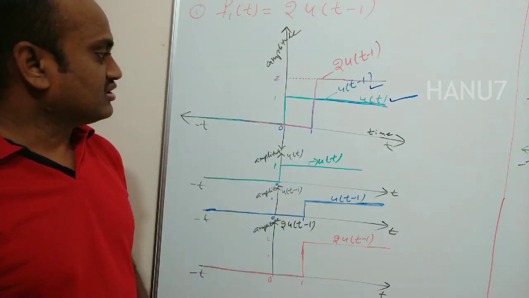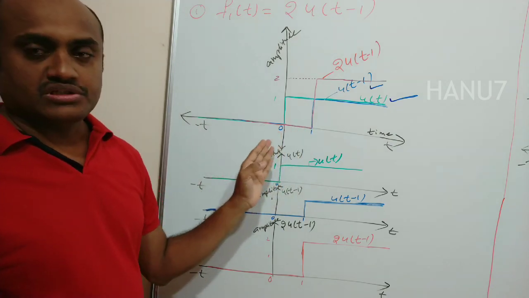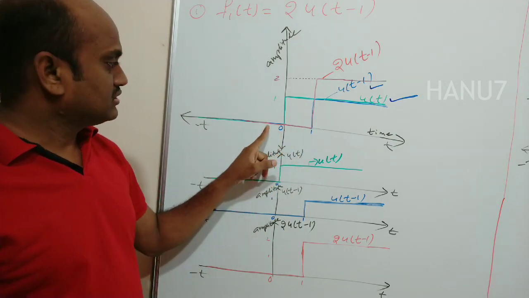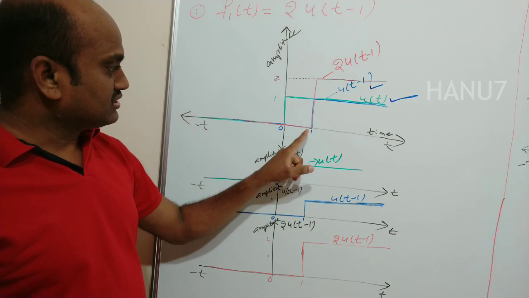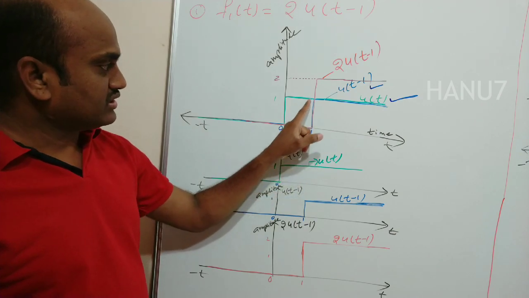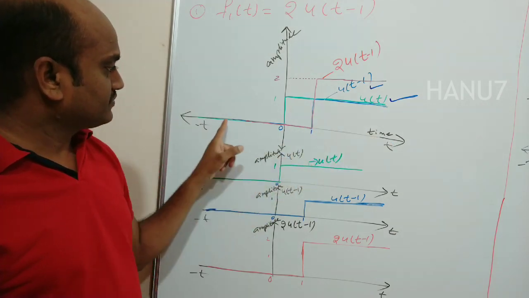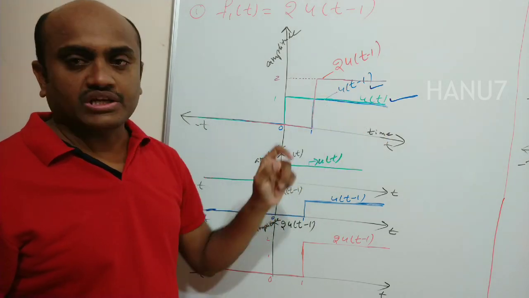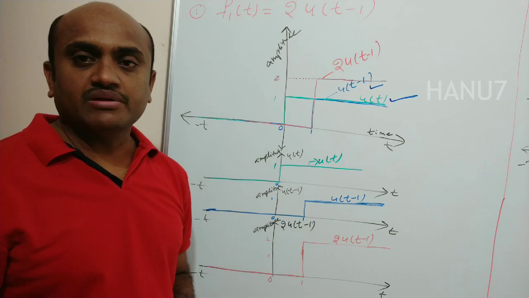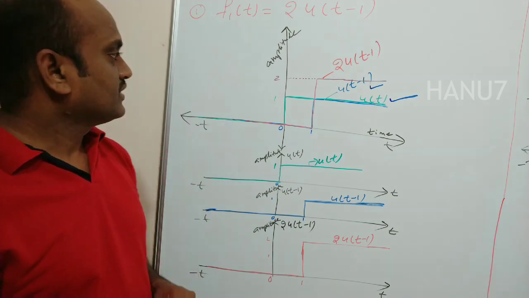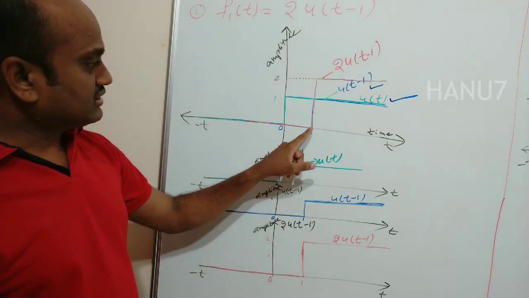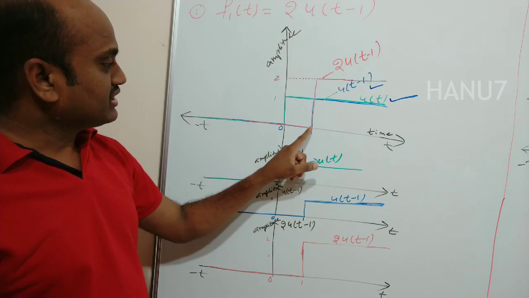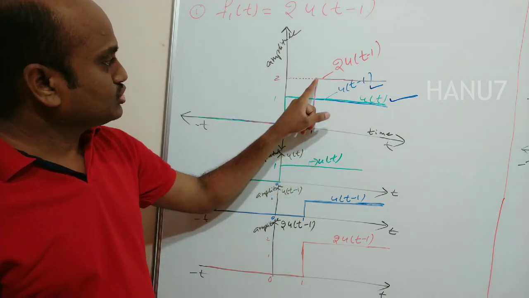So let us perform the delay operation on this signal by 1 unit. Instead of starting at the origin, this signal will start at 1, shown in blue color here. The one drawn in blue color is u(t-1), the signal delayed by 1 unit. Now, the same signal delayed by 1 unit is scaled by 2.